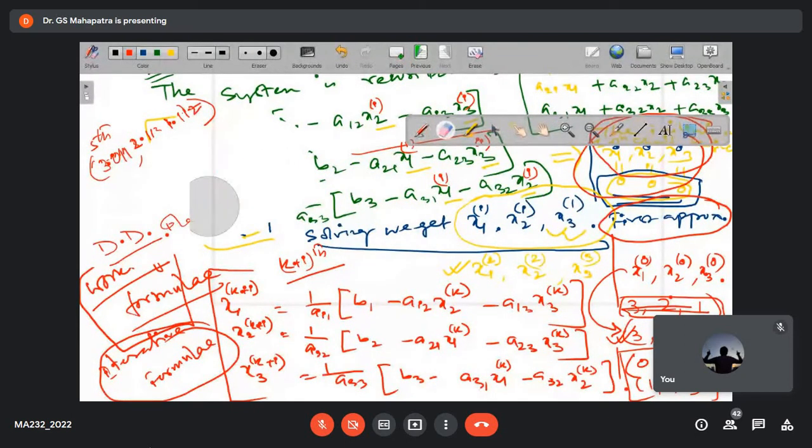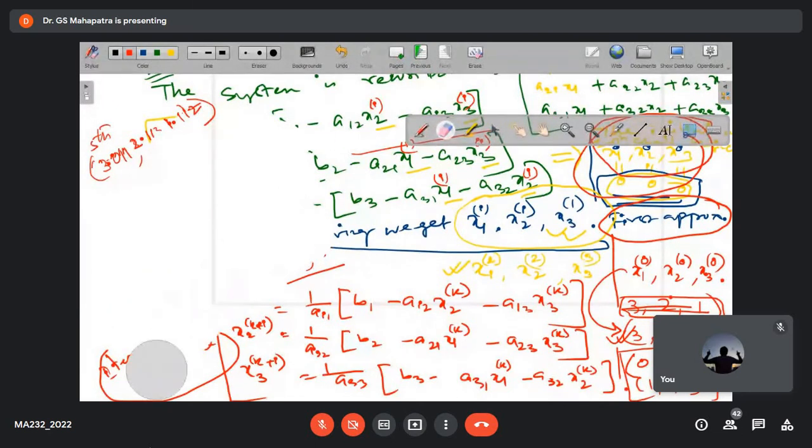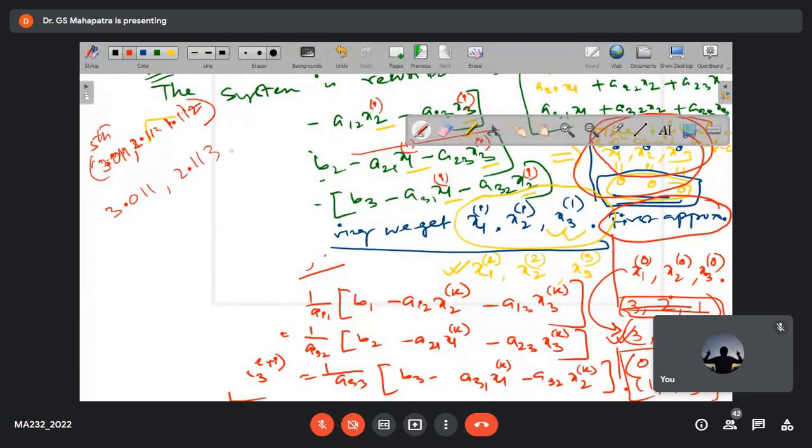You can just check it. The 6th iteration is say 3.015, 2.114, 1.116. Can you stop here?